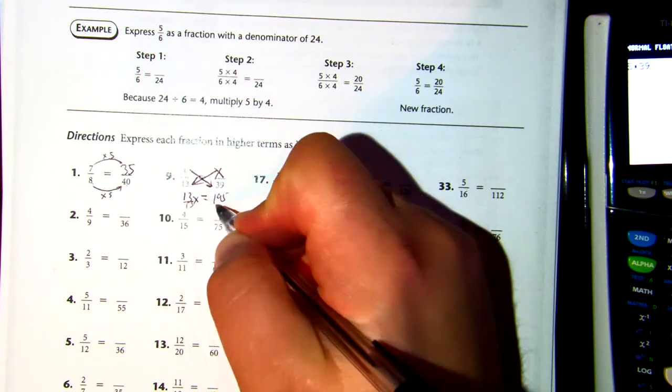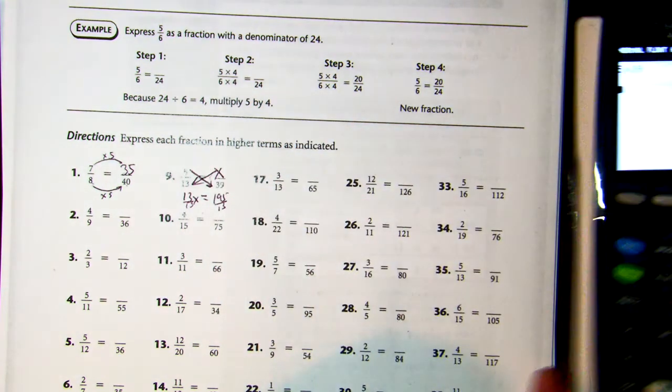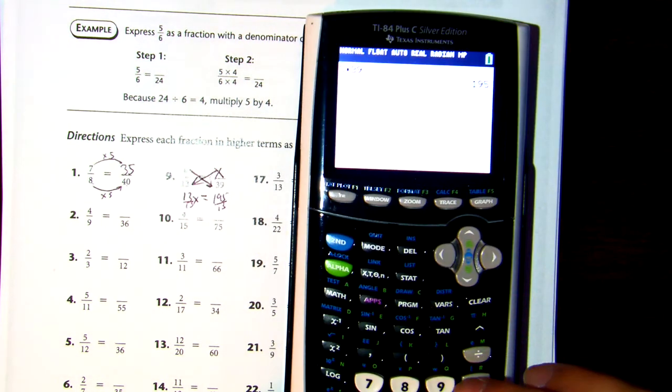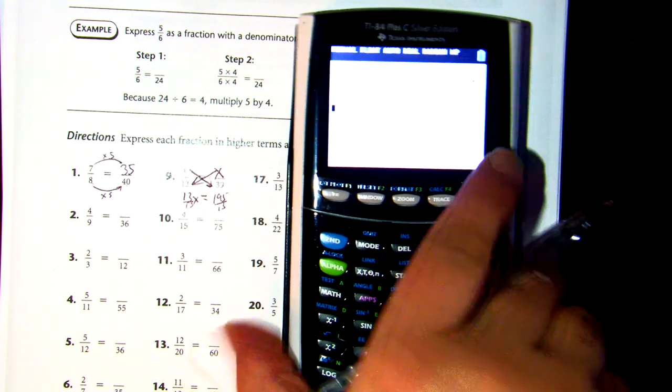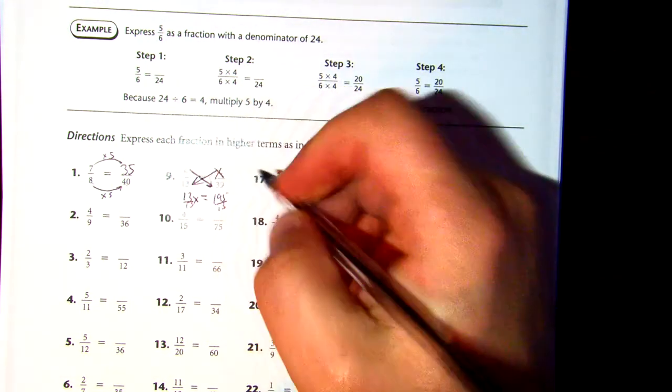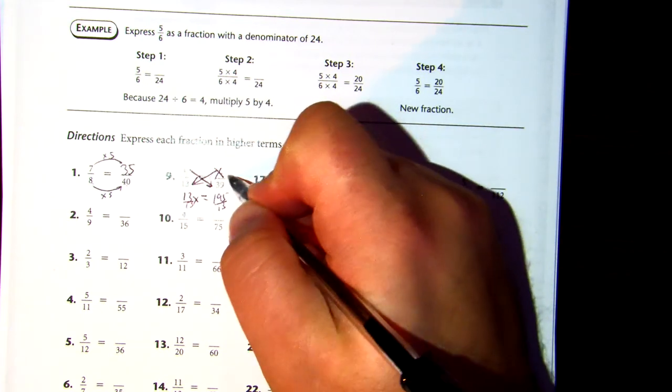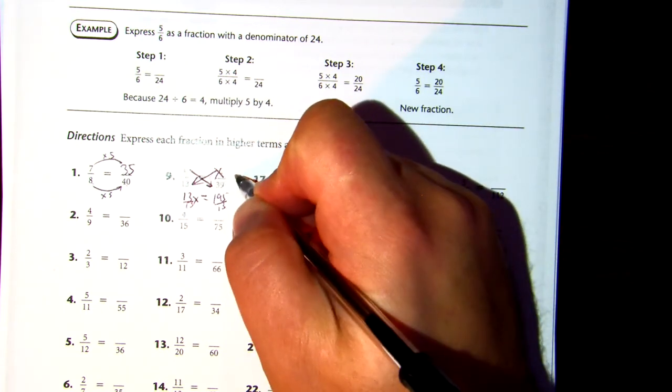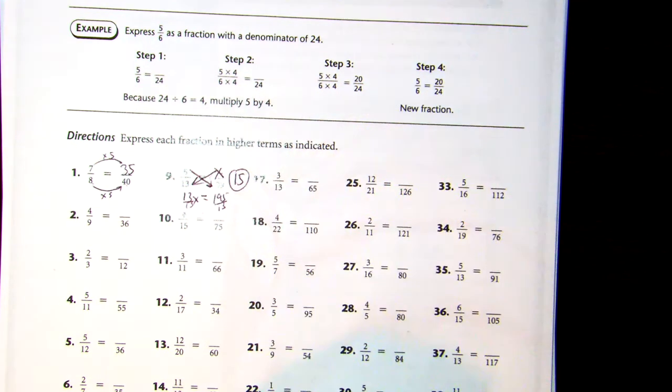Divide by 13. So 195 divided by 13 gives me 15. So that was my x. So that square there would be 15 for an answer. Okay? And that is the key to common denominators or expressing fractions in higher terms.